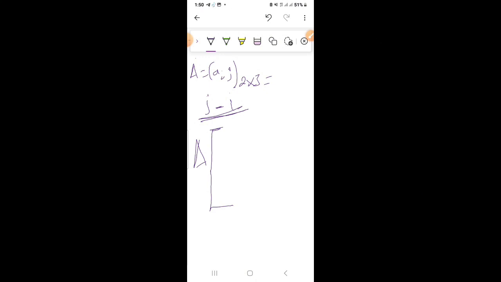So A11 means the value of j is 1 and the value of i is 1, so j minus i is 0. A12 means the value of j is 2 and the value of i is 1, so 2 minus 1 is 1. A13 means the value of j is 3 and the value of i is 1, so 3 minus 1 is 2.